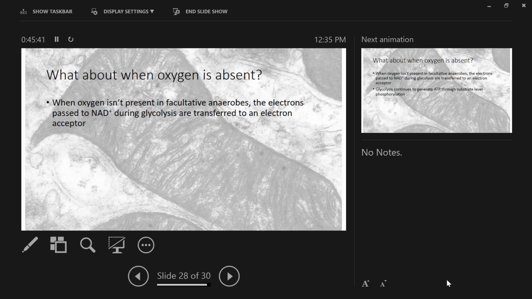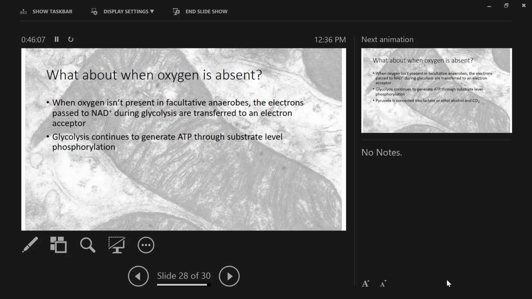Okay, so we really have 2 problems that arise when oxygen isn't present. 1, we're not producing nearly as much ATP. 2, we're building up a whole lot of NADH. So you should anticipate that these electrons from NADH are probably going to go somewhere so that we can restore NAD plus and continue to go through glycolysis.